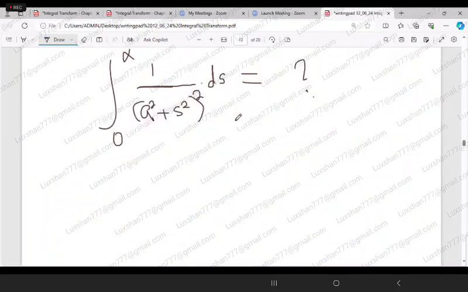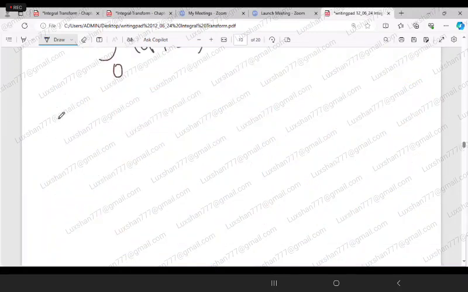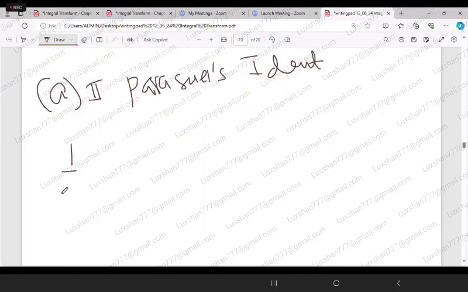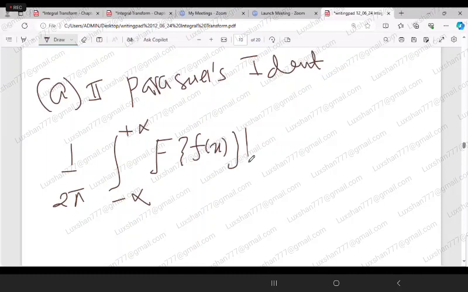So I'm writing the second Parseval identity: 1 over 2 pi integration minus infinity to plus infinity mod of the Fourier transform of f(x) squared.